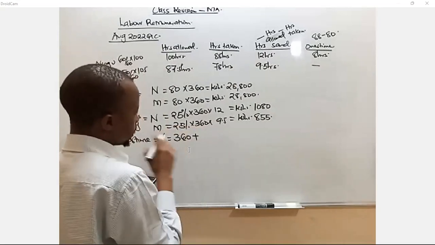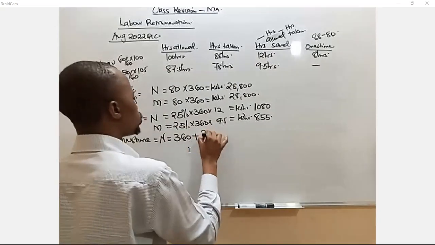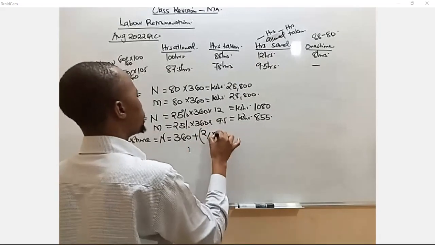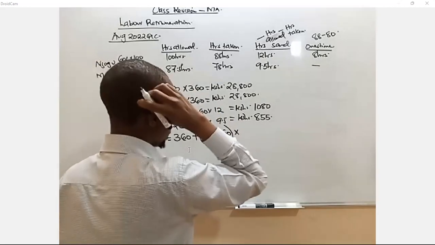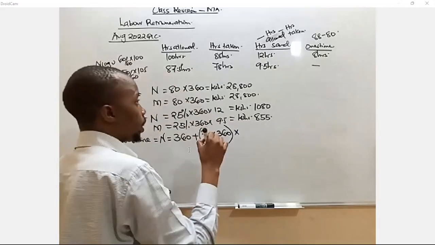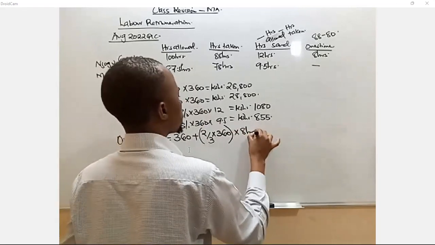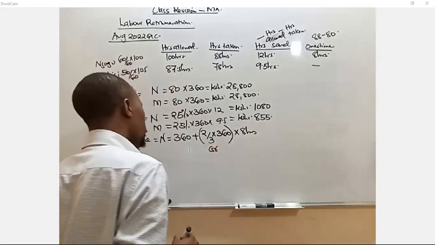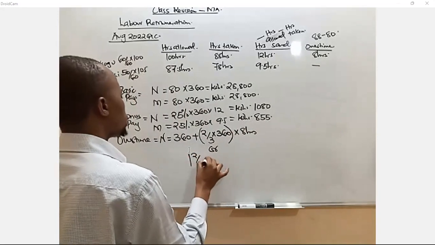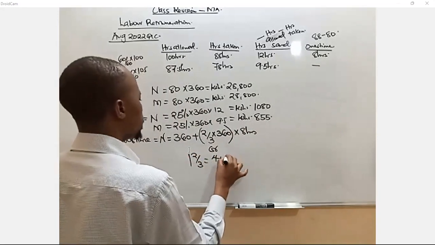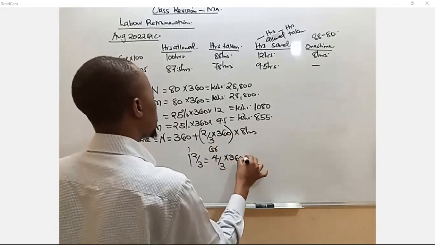Plus 2/3 of 360, times the overtime, which is 8 hours. Or we can just talk about 1 and 2/3, which is converted to 4/3 times 360 times 8 hours.